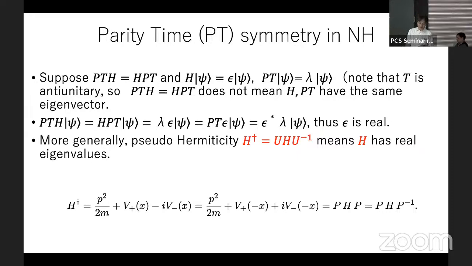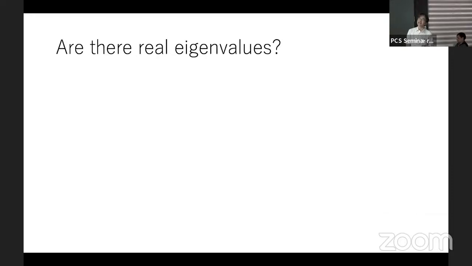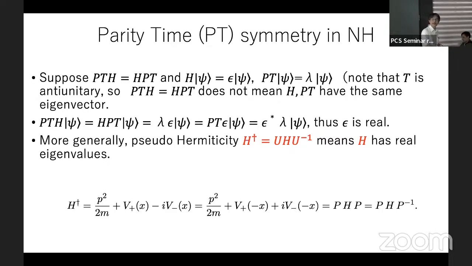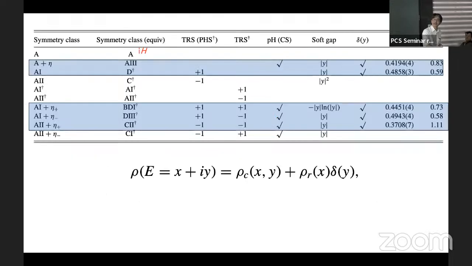I just want to comment that there are cases. Among 38 non-Hermitian classes, there are 5 cases where we have real eigenvalues whose number is proportional to the square root of the matrix dimension.